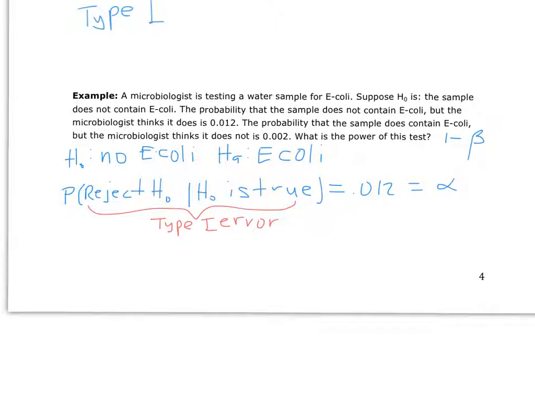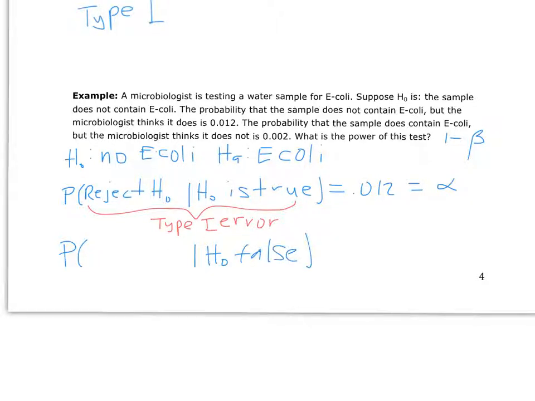The other outcome that's given to us, let's write that down in a probability statement in terms of the null hypothesis. The probability that the sample does contain E. coli, but the microbiologist thinks it does not, is 0.002. Okay, so the given thing is the sample does contain E. coli. So that means that the null is false. So what we have given is the null is false. It's not true.